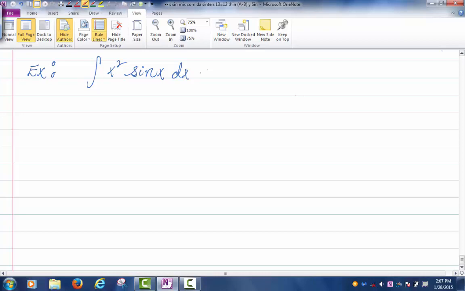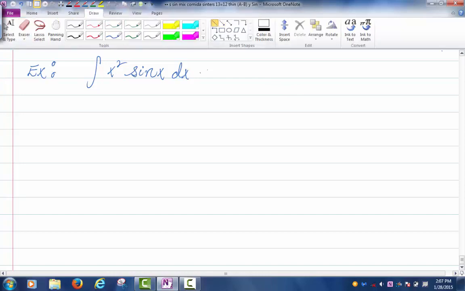Okay, so I am going to make a table here. Okay, so here I am picking u to be x squared, and I am picking dv to be the remaining part of the integrand. So this is going to be sine x dx.